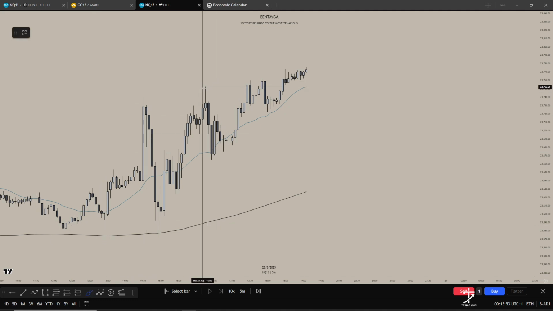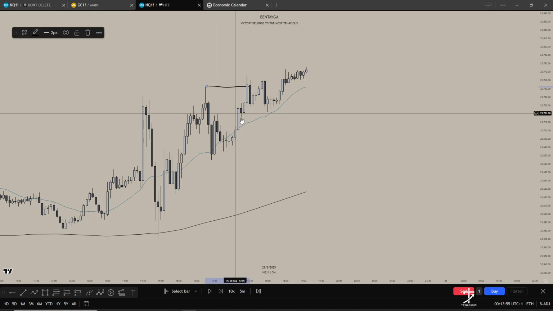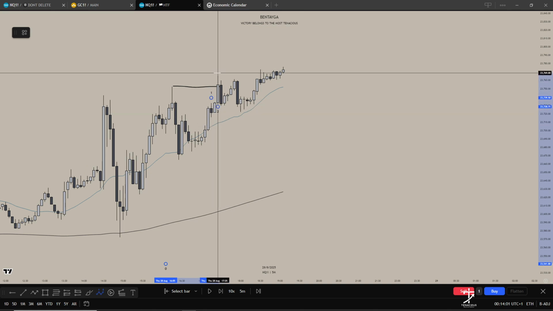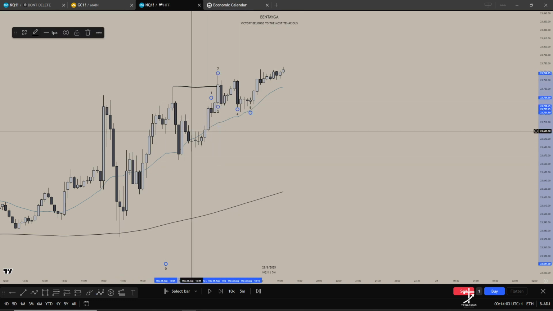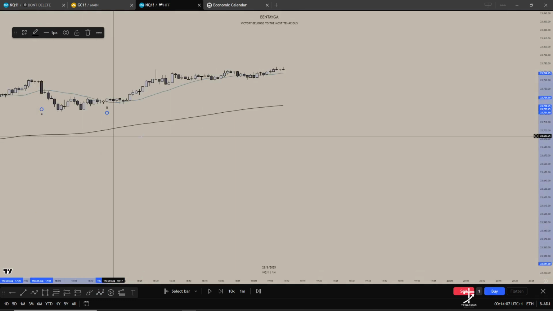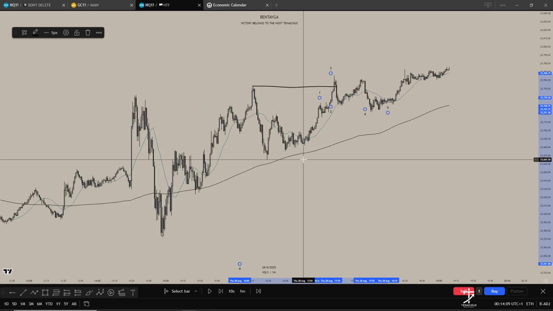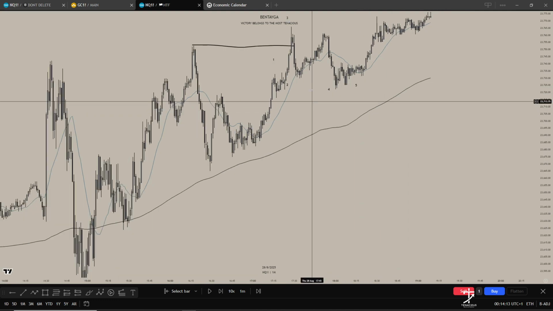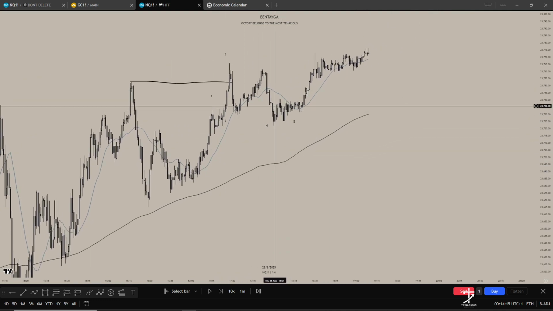Yeah, so price ended up taking out this high here, and there was a trade within here. 1, 2, 3, 4, 5. You can even say SBS model 1. If you go to a 1 minute chart, it does look just a tiny little bit better, and then you're still trading the continuation.